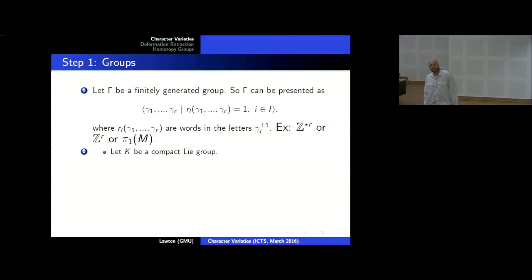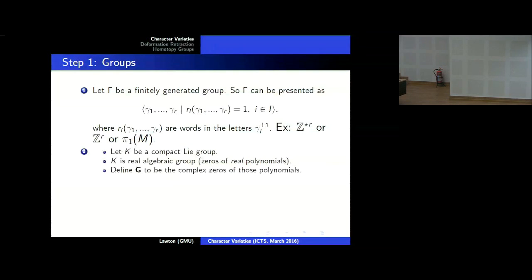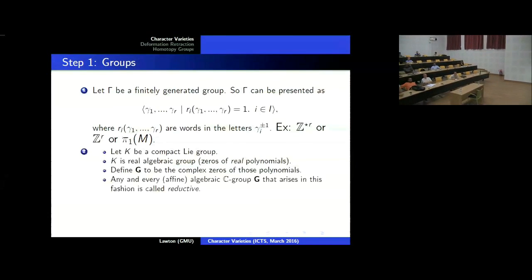The second ingredient is a compact Lie group, which is the real zeros of some polynomials. We can look at the complex zeros of those, and any group arising in that way is a reductive affine algebraic group.